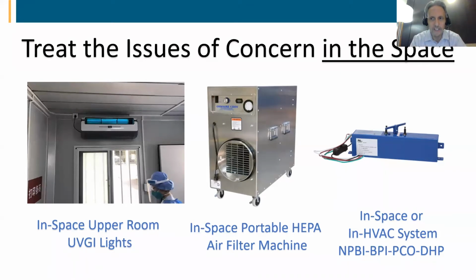You would wheel these into the room, run the extension cord across the floor, plug it in, turn it on high, and allow it to circulate air within the space. And if the issues of concern can be brought from the space air back to that 99.9% efficient filter to be extracted from the air, it most certainly could be effective at treating the issues of concern in the space.